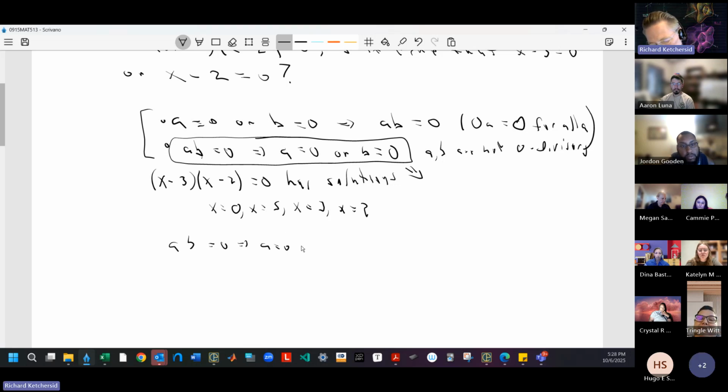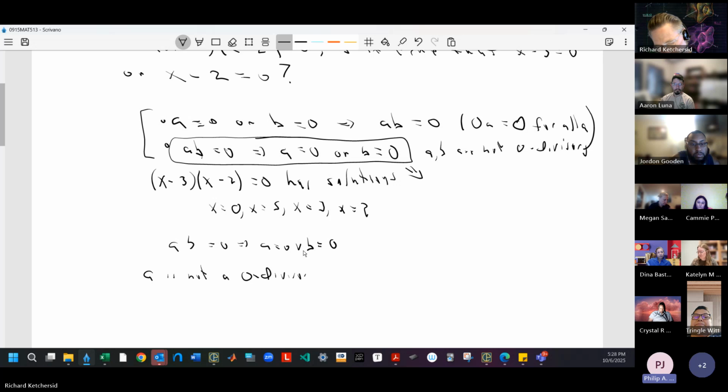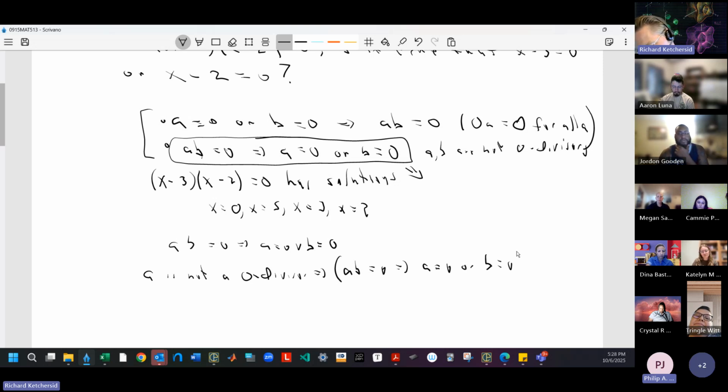Because that's just the definition of being not a zero divisor, right? So I could say it like this: A is not a zero divisor implies AB equals 0 implies A equals 0 or B equals 0.